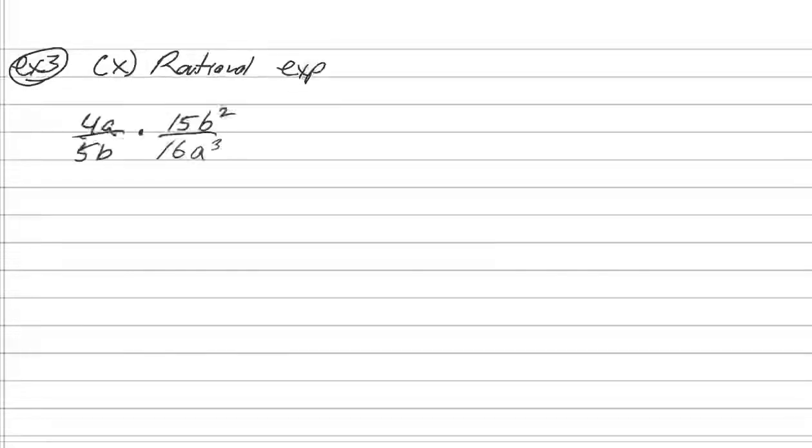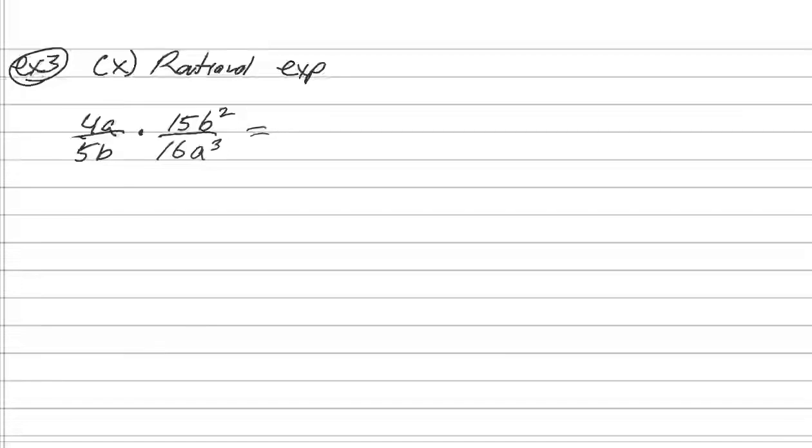Okay, so for this example we're going to do 4a over 5b multiplied by 15b squared over 16a cubed. And one way to think about these, I don't think it's the easiest way, but it kind of helps you see what's going on, is I'm going to write all of these out in their prime factors. So literally, if I were to multiply all of these together, it doesn't matter that they're actually two separate fractions, because everything on the top is multiplied and everything on the bottom is multiplied.